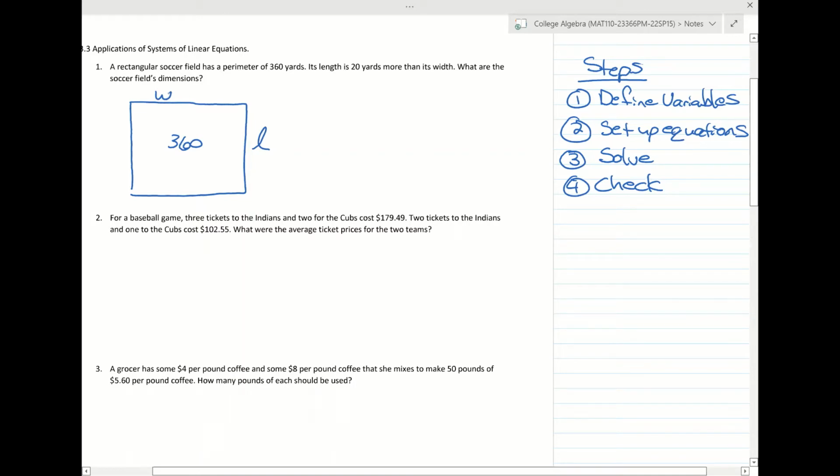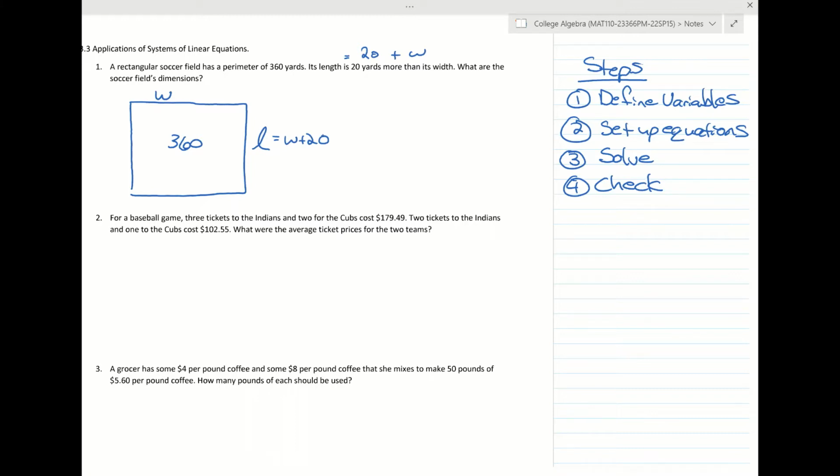Its length is 20 yards more than its width. So we saw this problem on the last type of exam. If the length equals 20 yards more than the width, that's 20 plus W, or W plus 20. What are the soccer field's dimensions?